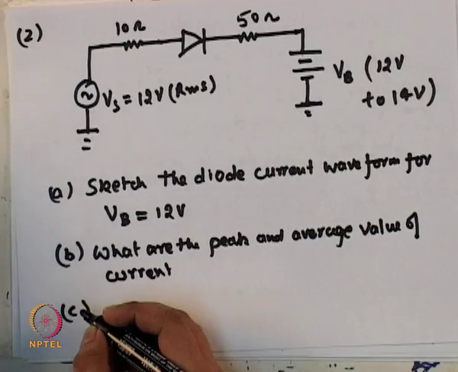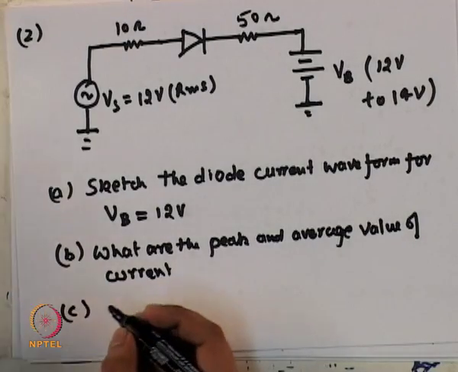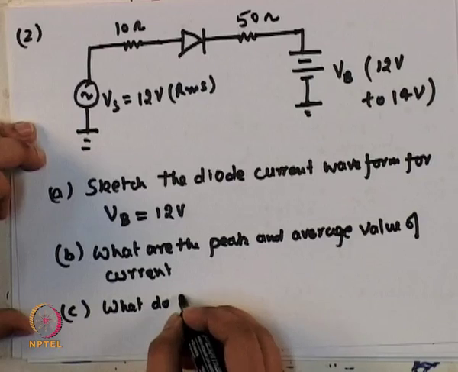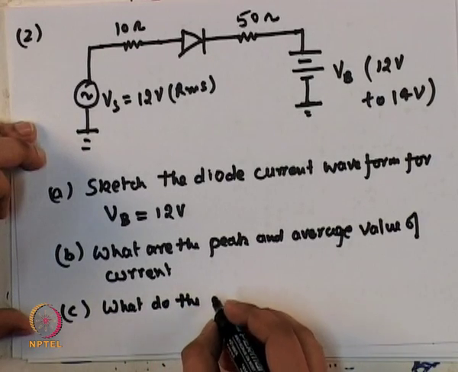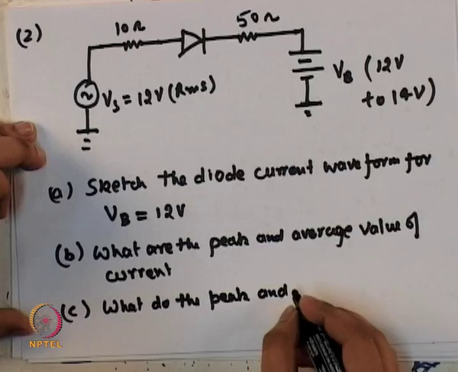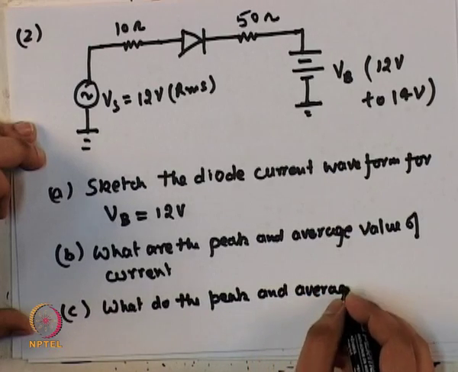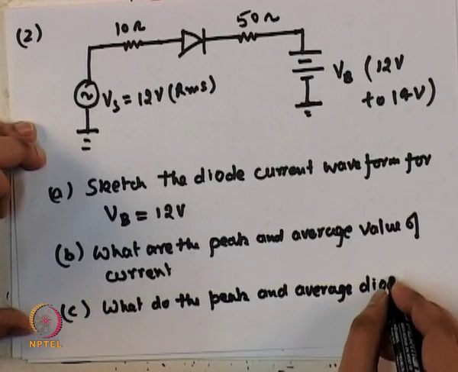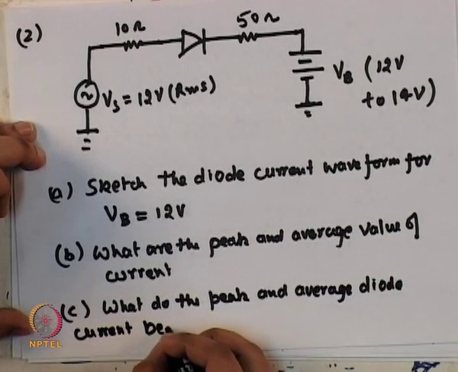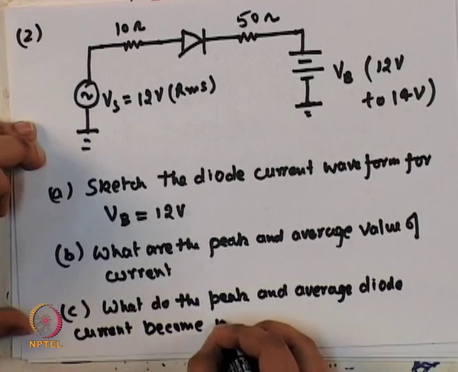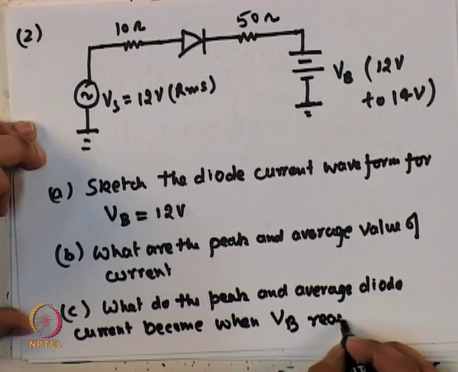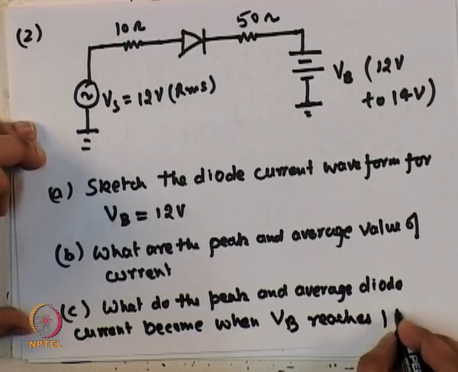And C part would be, what do the peak and average diode current become when VB reaches 14 volt.